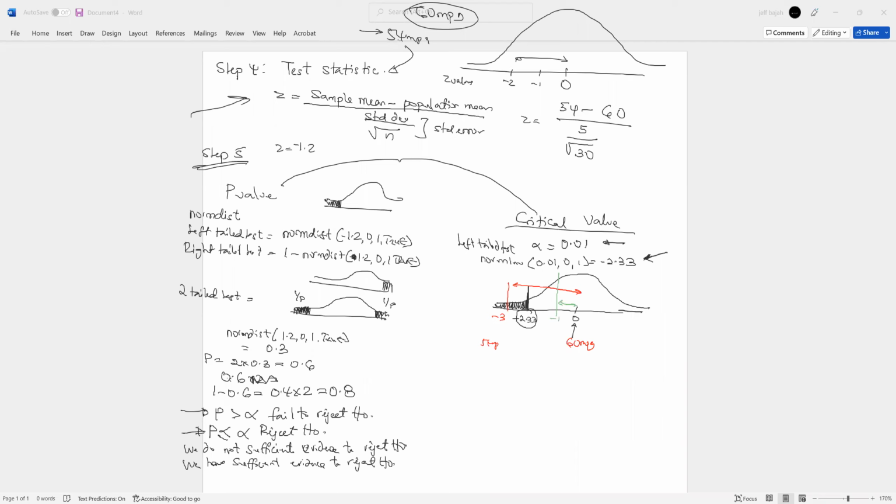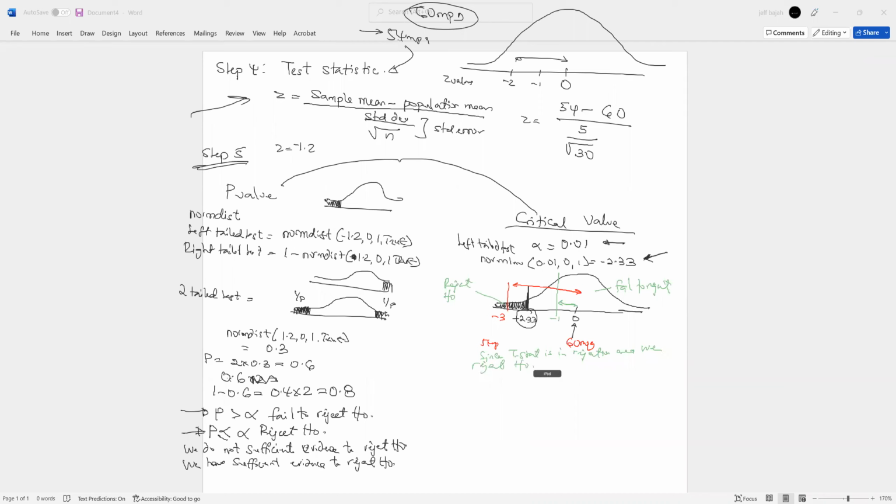But if it's -3, we'll say, okay, since the test stat is in, because this white area here is usually called the fail to reject area, and this black area here is called the reject interval. So we now say since the test stat is in the rejection area, we reject.